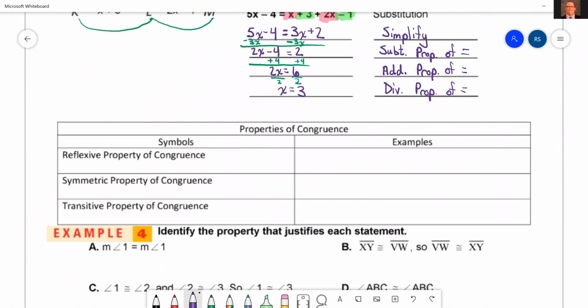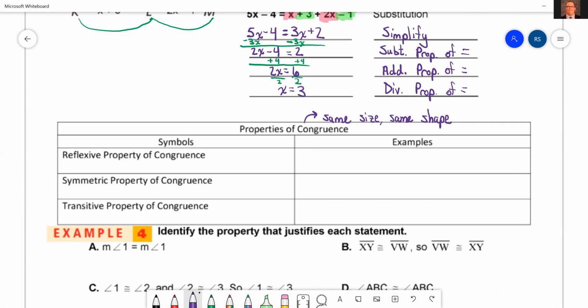Okay, congruence means same size, same shape. That sound familiar? Okay, so we've got three properties.